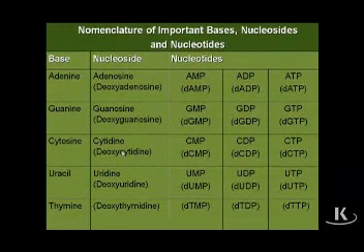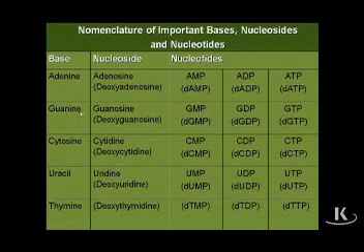Here is a nice table which compares some of the nomenclature that's used to describe some of these nucleosides and some of these nucleotides. So you'll notice on the left here the different base structures, adenine and guanine, which are your purines, and then cytosine, uracil, and thymine, which are your pyrimidines. Okay, so when you start attaching a sugar to the base, adenine becomes adenosine.